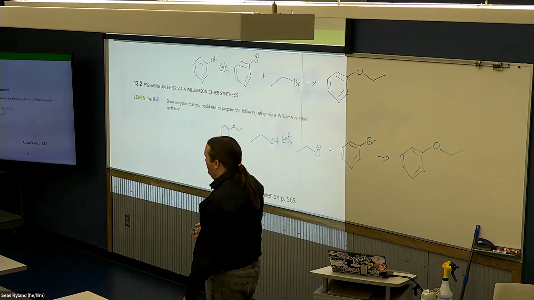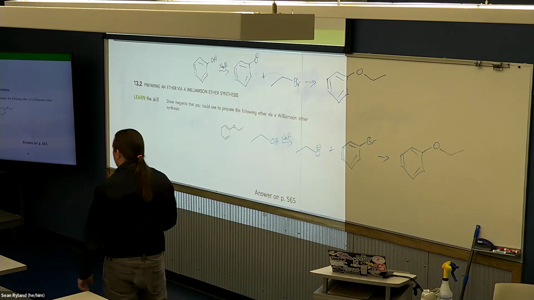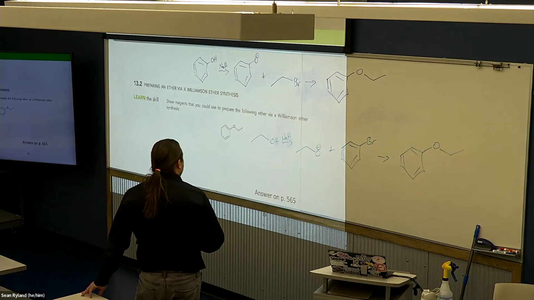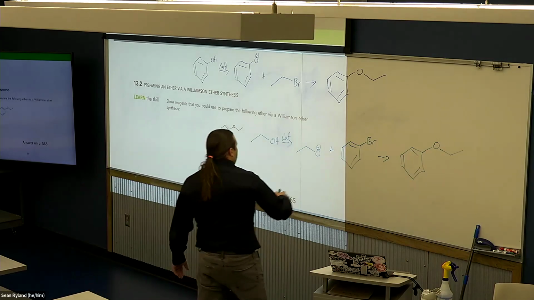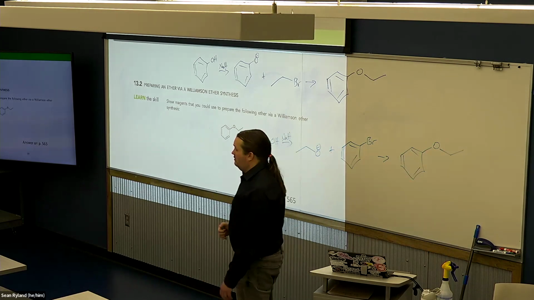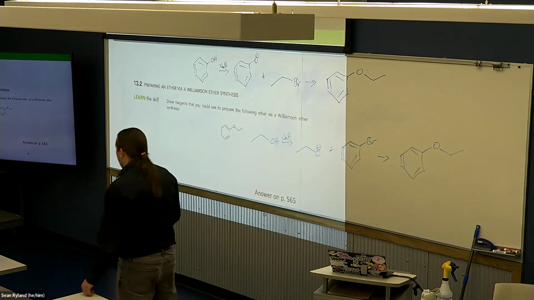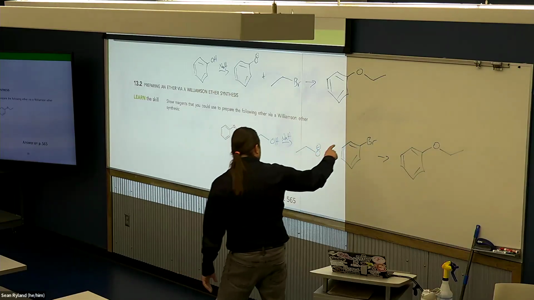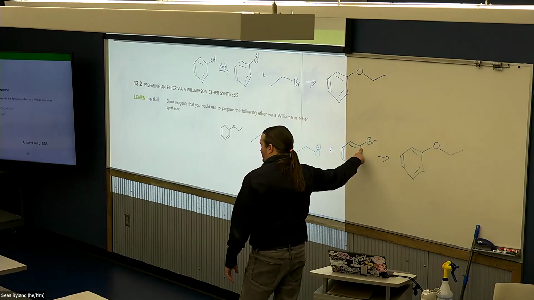Does anything look weird though? For the second one, don't we want to use iodine instead of, or does it not matter? Doesn't really matter for this one because it's on the bromine. Bromobenzene is the liquid. You can even use chlorobenzene if you want to, except for the fact we've never seen an SN2 reaction on a benzene ring before.